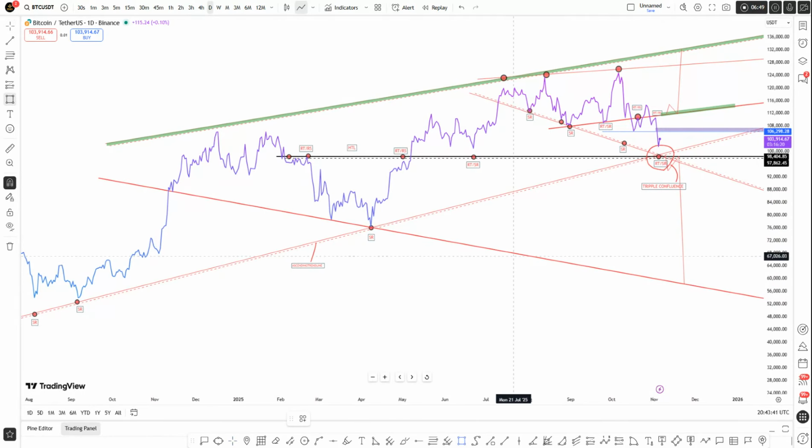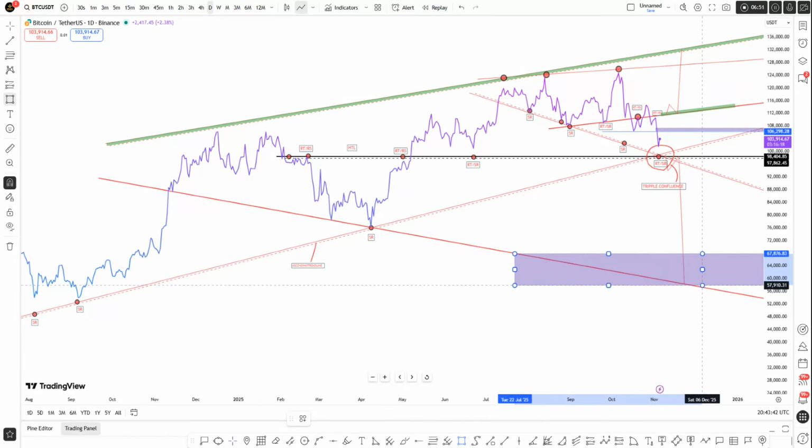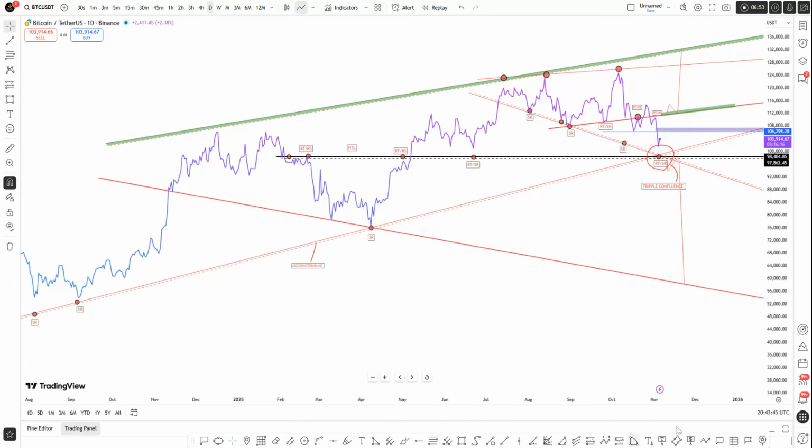So if we break out from there, I'll be expecting a potential buy floor around here. That will be around 50 something K. If you break out from here, it's going to be a free fall, but maybe before then, we might have some kind of reaction somewhere around here.